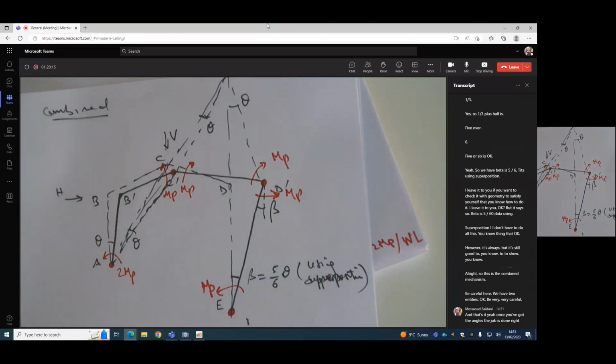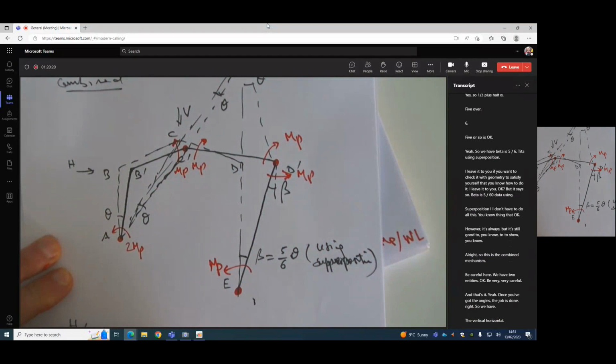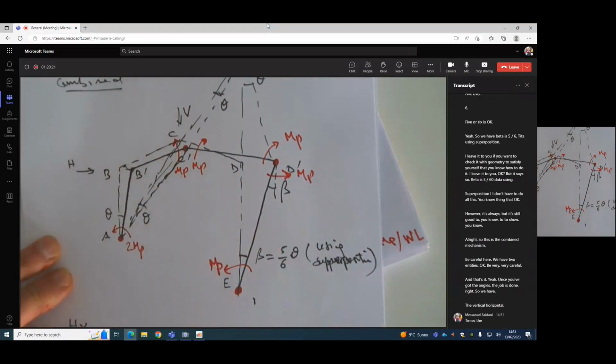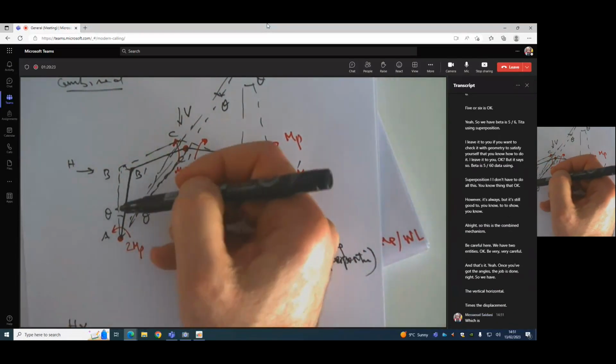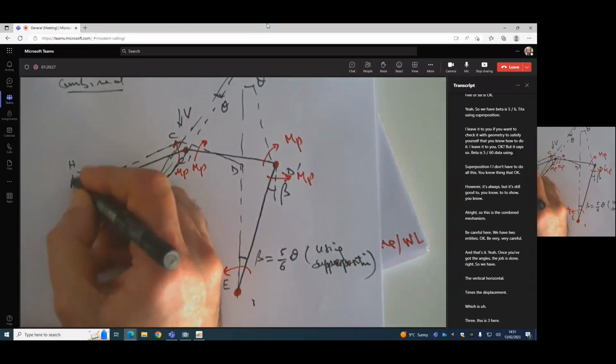So we have the horizontal times the displacement, which is 3. This is 3 here, 3 meters.